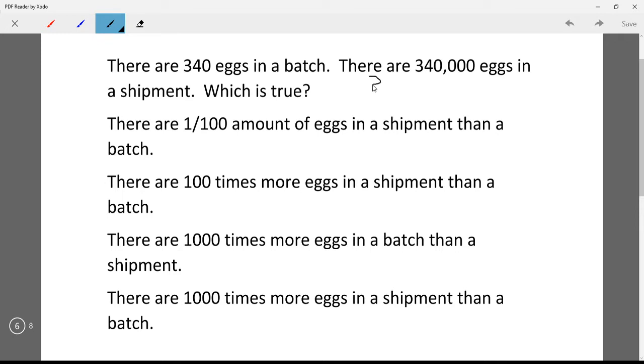Now, how I like to compare these numbers is I put them on top of each other. So we're at 340 and 340,000. Now, what I like to do is the decimal place is here.